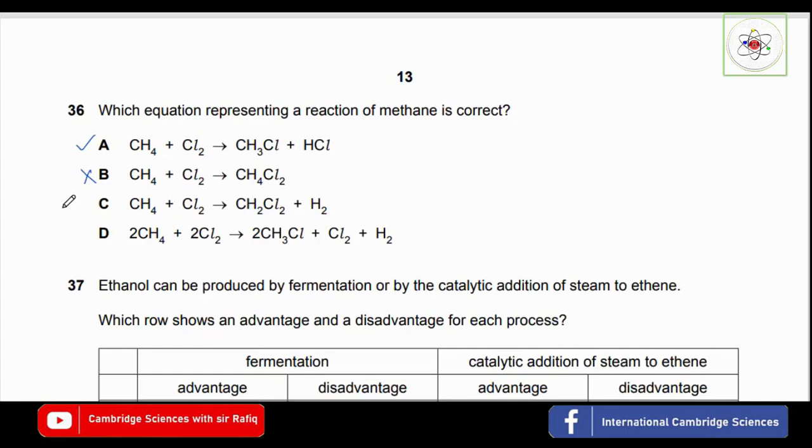So in the light of this explanation, this must be incorrect, and this is also incorrect. With methane, only a substitution reaction takes place when chlorine is added in the presence of ultraviolet light, because substitution needs ultraviolet light to take place.